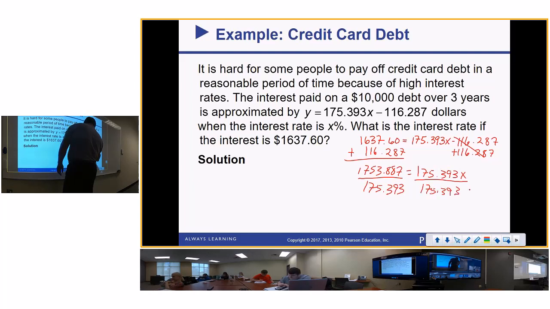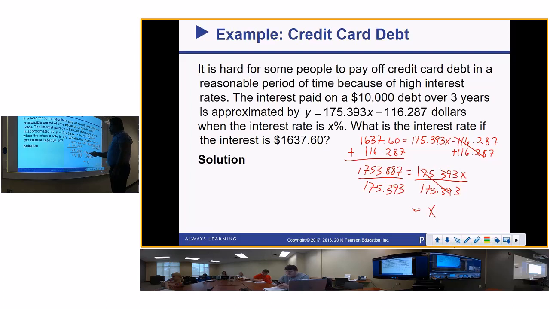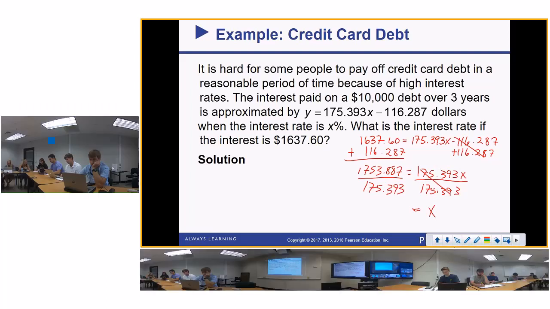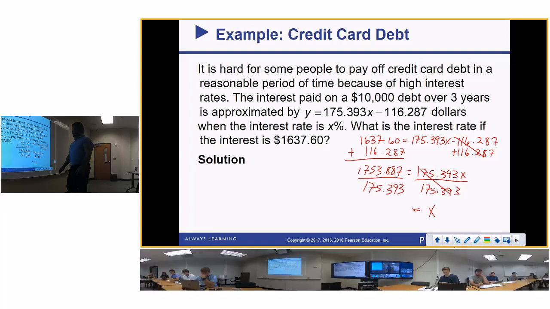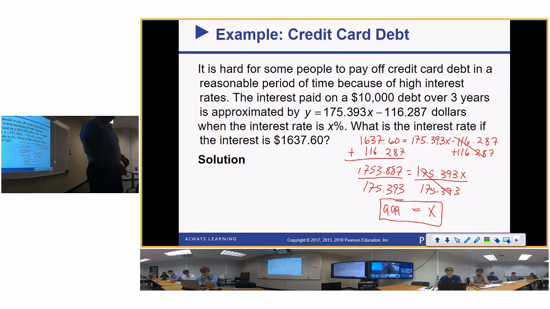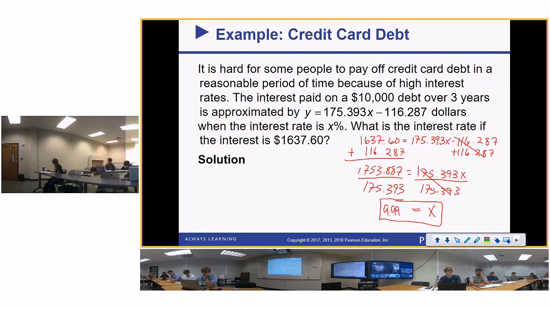And somebody give me, oops, that's not right. Somebody give me the answer when you divide 1753 divided by 175. What do you get? 9.99%. They probably want 10%, but I guess 9.99 is close enough for government work.